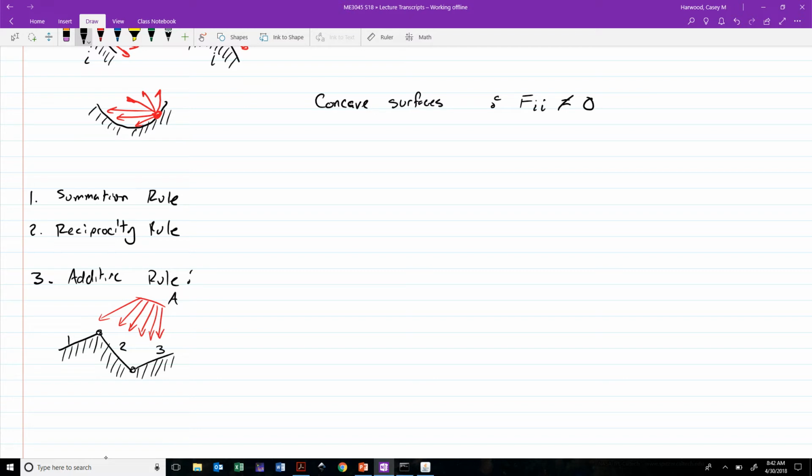So the additive rule says that F_AB, where we'll call surfaces 1, 2, and 3 collectively B, is equal to F_A1 plus F_A2 plus F_A3. This is similar to the summation rule, but what it's saying is that the total view factor on a surface is a sum of the view factors on its parts.